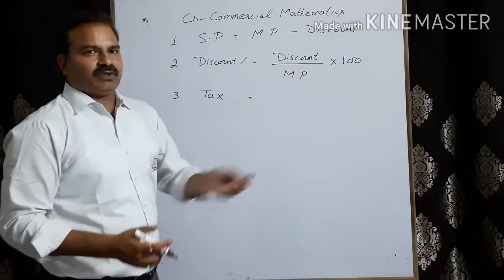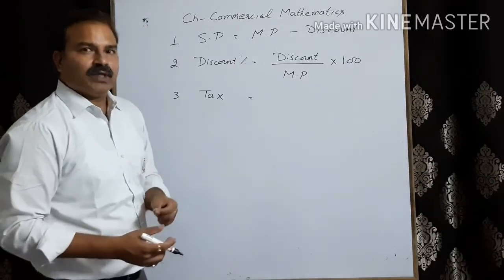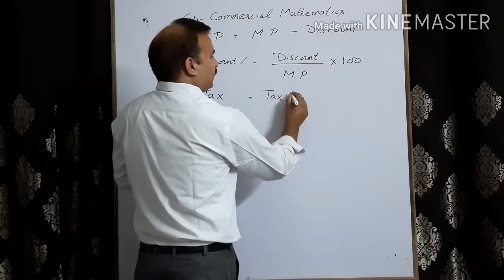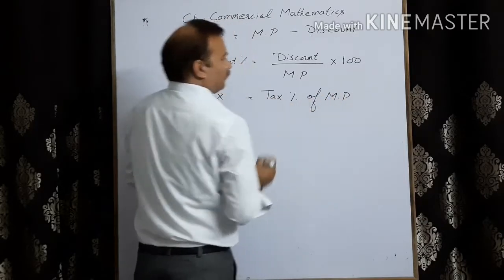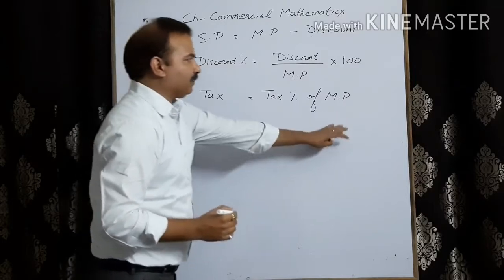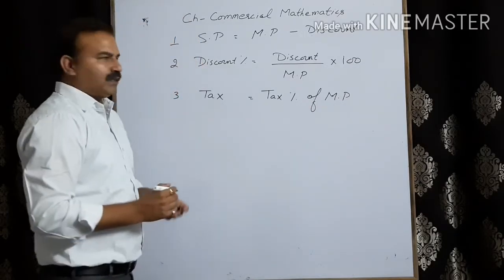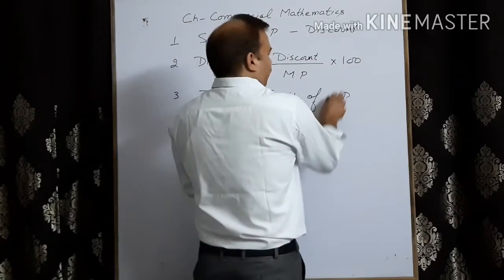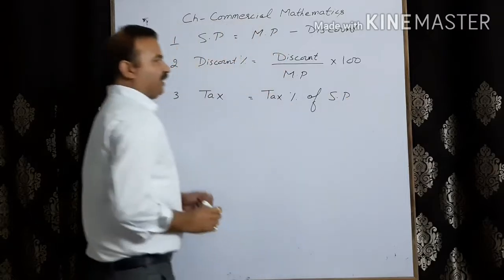So tax is equal to tax percent of marked price or the selling price. Generally it is on the selling price, so it's better that we write selling price.